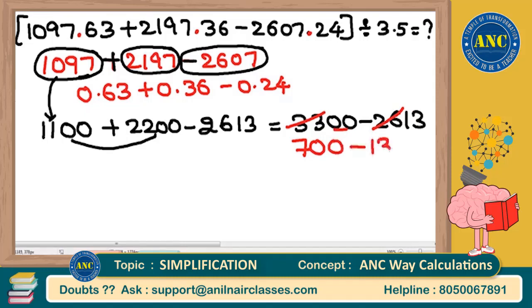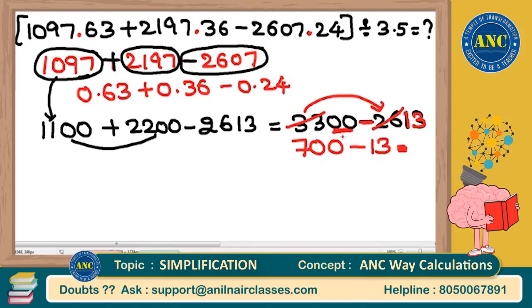It is equivalent to simplifying it as 700 minus 13, right? I believe that you are able to understand. So 700 minus 13 is what I obtained.